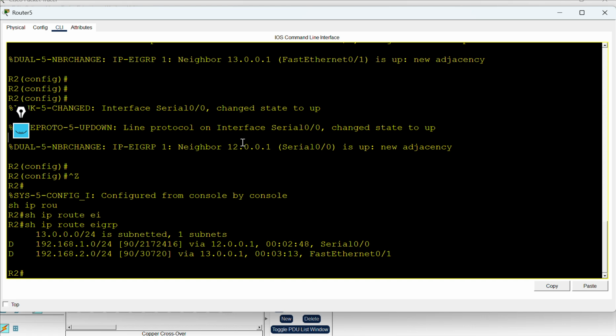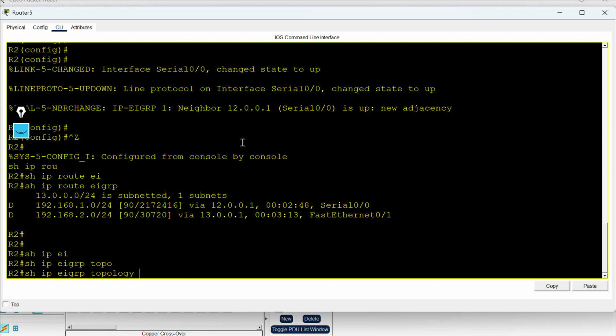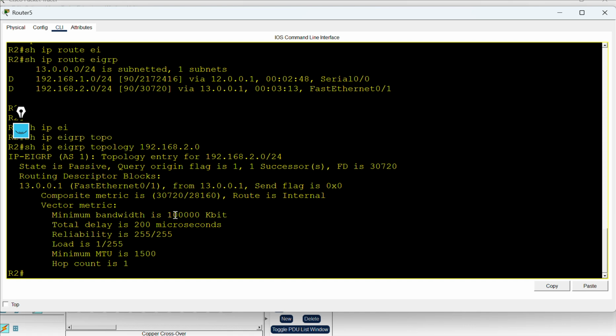Now see the R2 topology table, show ip eigrp topology. For 192.168.2.0, the minimum bandwidth is 100 Mbps and the total delay is 200. The composite metric is 30720, and the advertised distance is 28160.